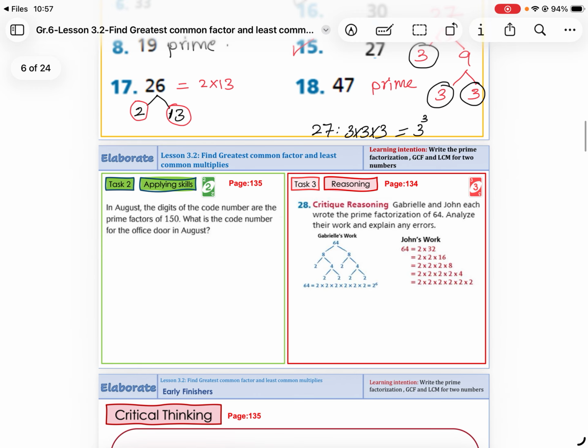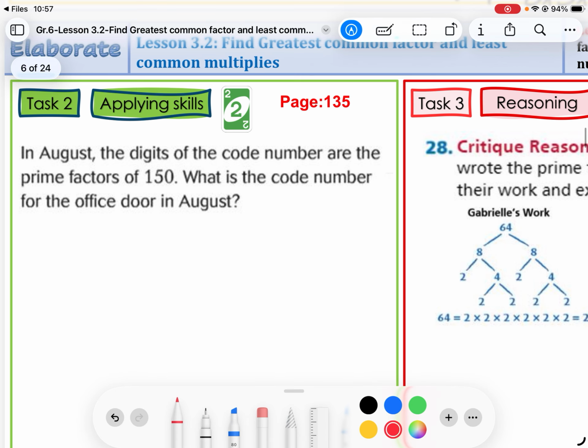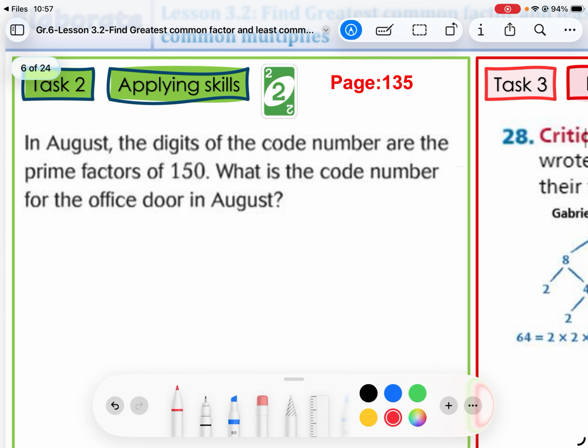Okay, let's move on to solving word problems about prime factorization. So here, in August, the digits of the code number are the prime factors of 150. You guys must find the code number of the office door in August. So all you have to do is factor 150. Think, what two numbers if you multiply will give you 150? If you don't know, remove the 0.